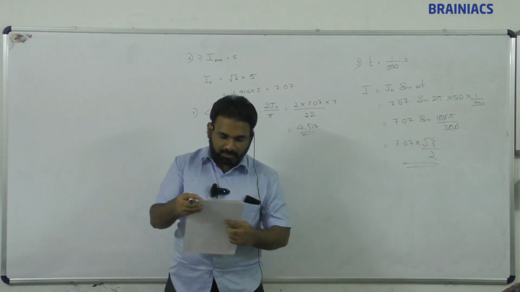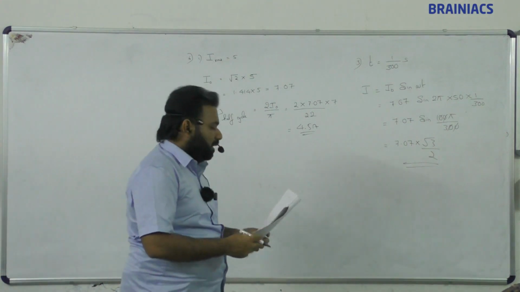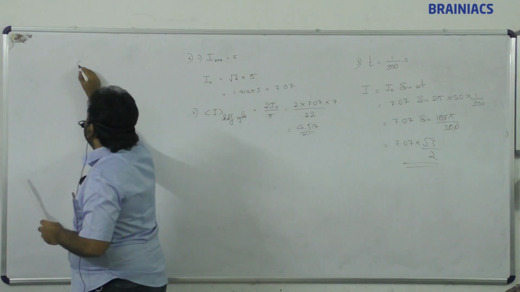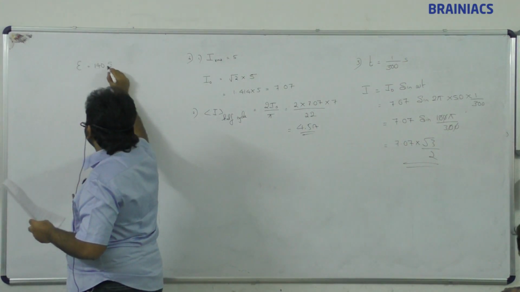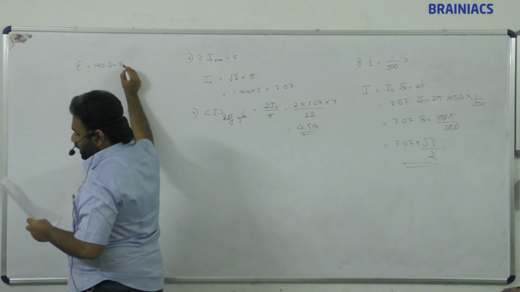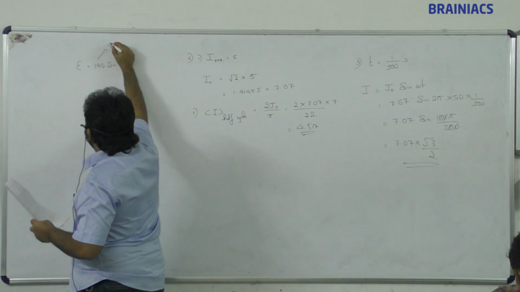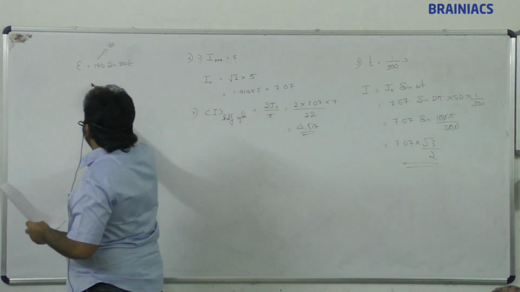Next problem is the instantaneous value of voltage in volts is given by the expression E is equal to 140 sine 300t. What is the peak value? So this is nothing but peak value. Now what is RMS value?